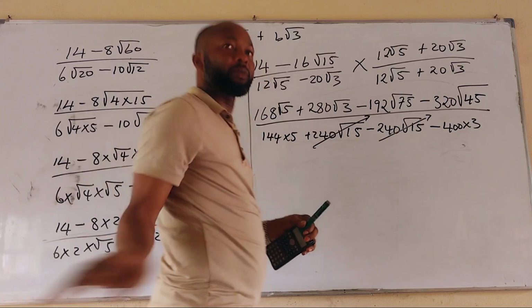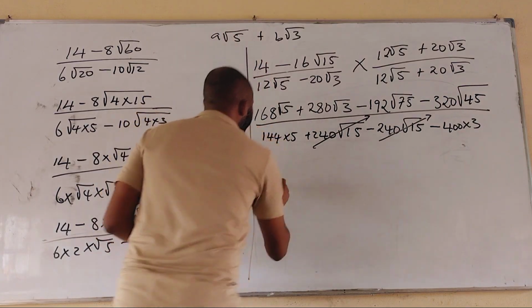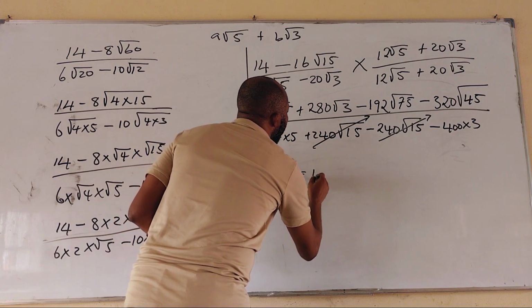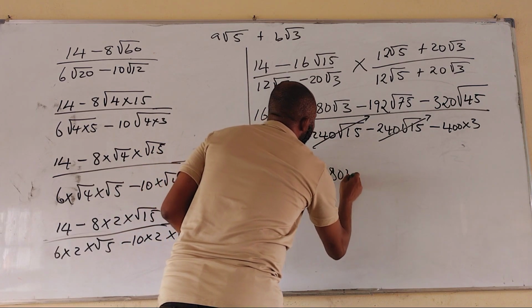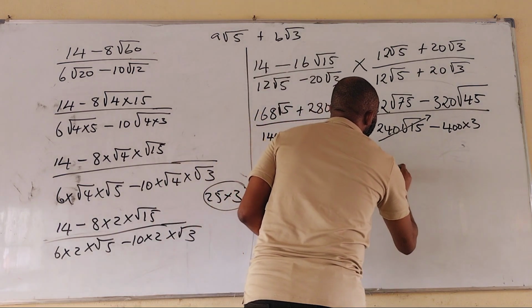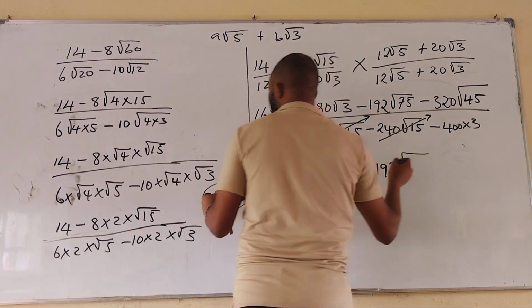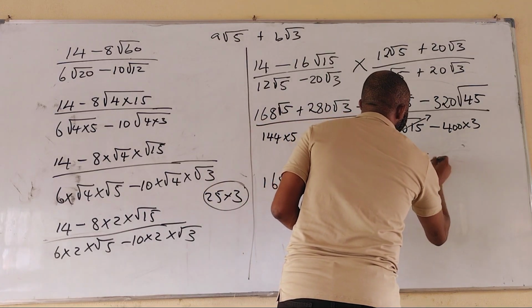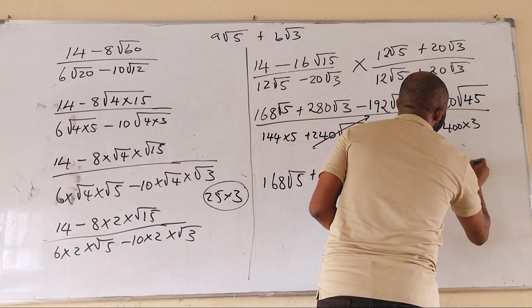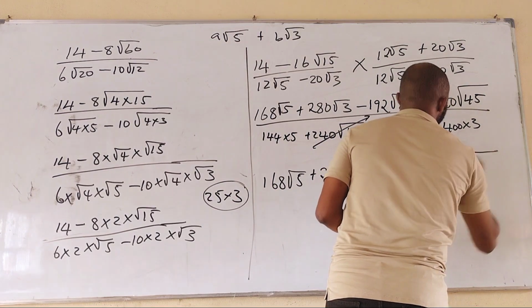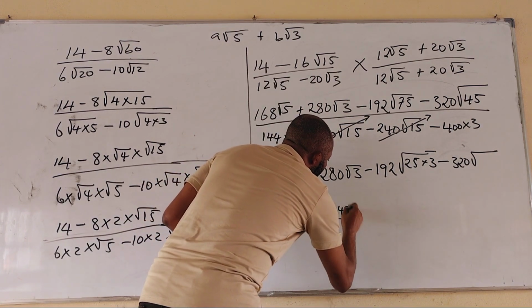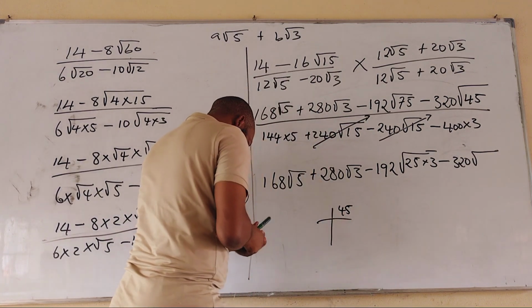Let's go on. Now I have 168 root 5 plus 280 root 3 minus 192 root 25 times 3 minus 320 root of 45. We have 45 divided by 5.